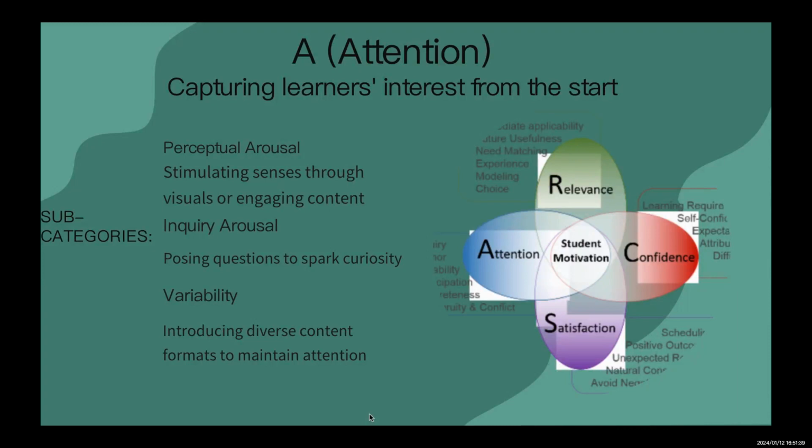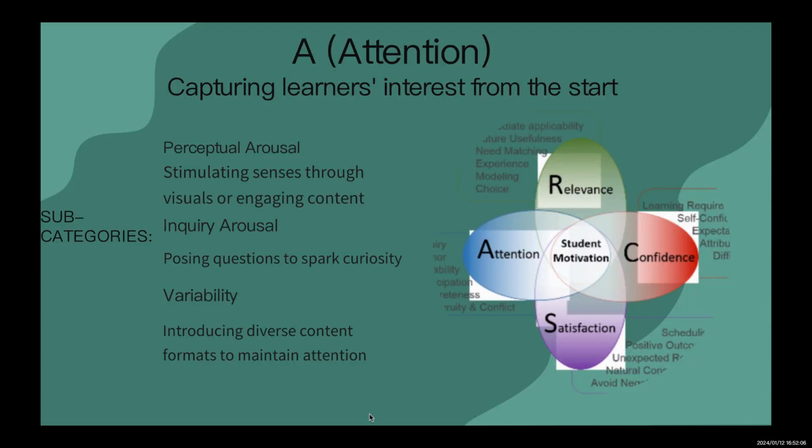The second one is inquiry arousal. It means posing questions to spark curiosity. It means in this whole lesson, or in this whole course, you cannot just talk all the time. Not letting your learners think and respond to your questions is very bad, okay?